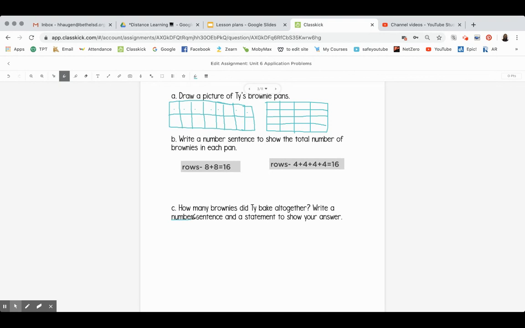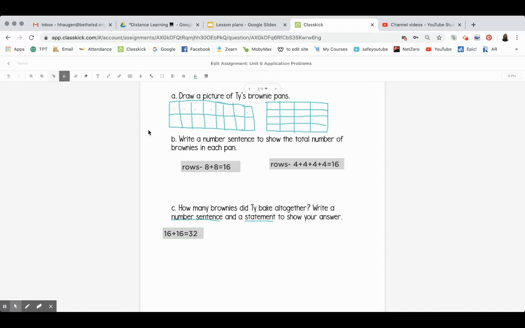So my number sentence is the math problem, and for a statement, I'm going to type out a sentence. So if Tyler baked 16 brownies in the first pan and 16 brownies in the second pan, how many brownies does he have altogether? 16 plus 16 equals 32.